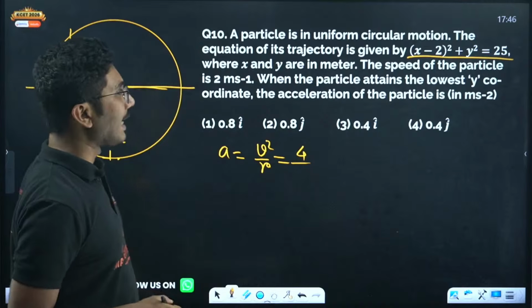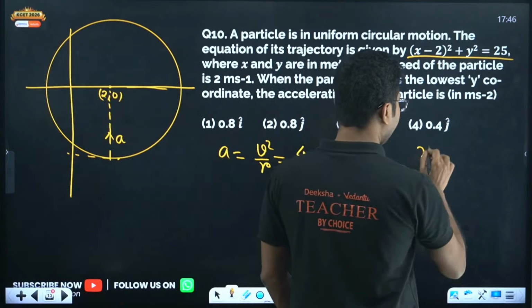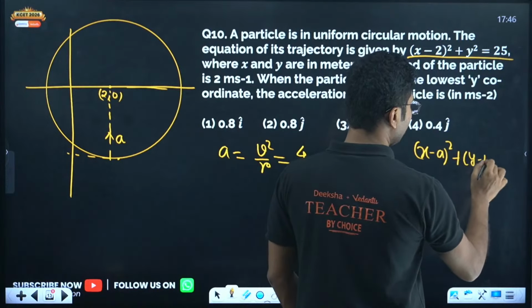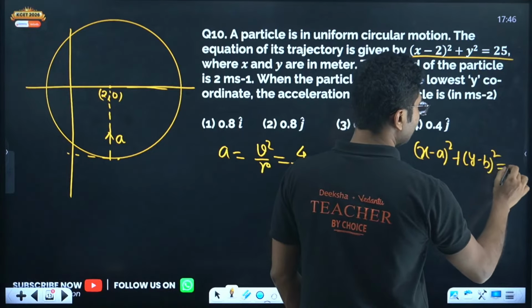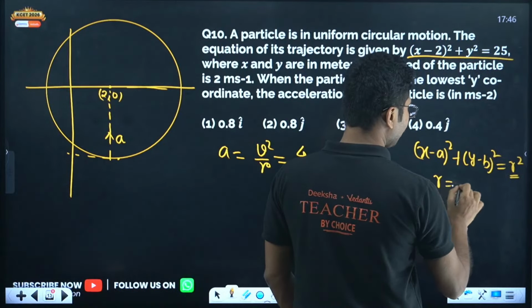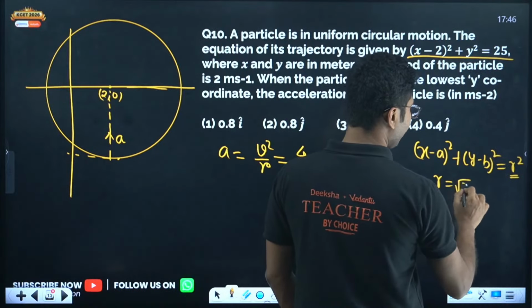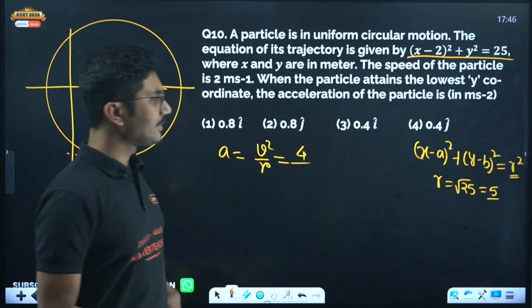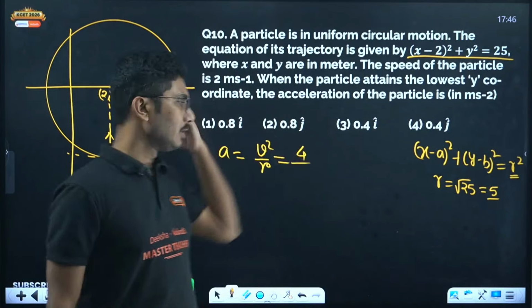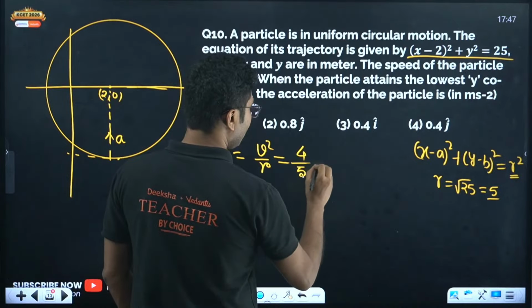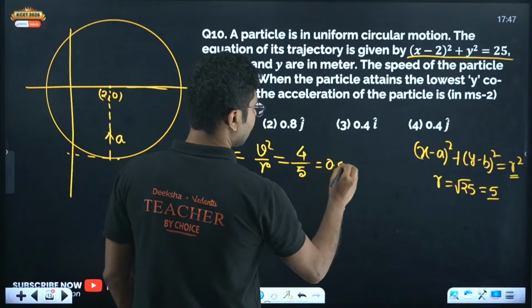If you remember, (x minus a) whole square plus (y minus b) whole square equals r square. So r is the square root of 25, which is 5. This is the general equation of a circle. So 4 by 5 will be 0.8.